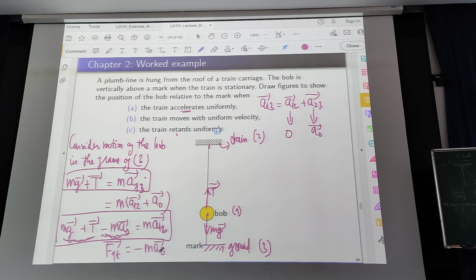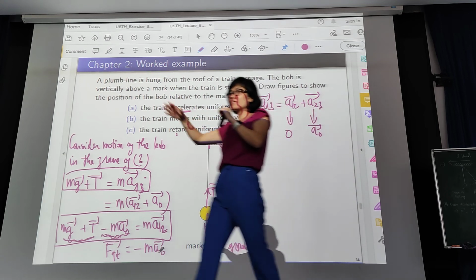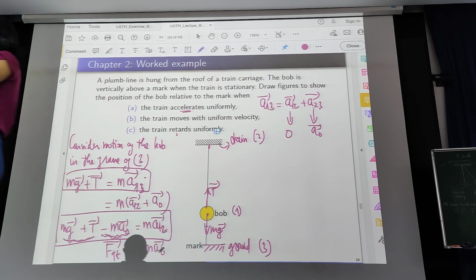Okay? This is the reason. So the inertial force appears because you are considering a frame moving with some acceleration with respect to the ground. Otherwise, this force is zero. Agree? That is the origin of the inertial force.